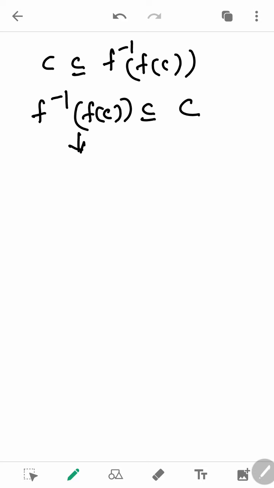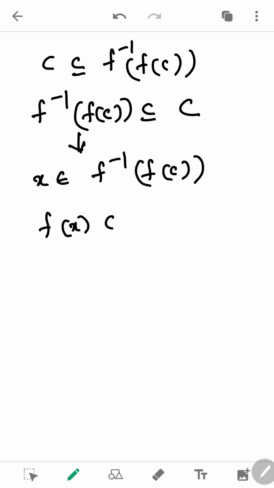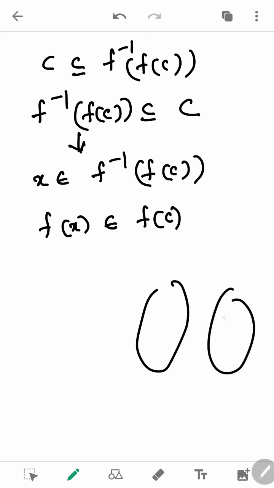Let X belong to F inverse of F of C. That is, F of X belongs to F of C. Since F is injective, for an element in C, there is one and only one pre-image in A. Therefore, we can say that X belongs to C.